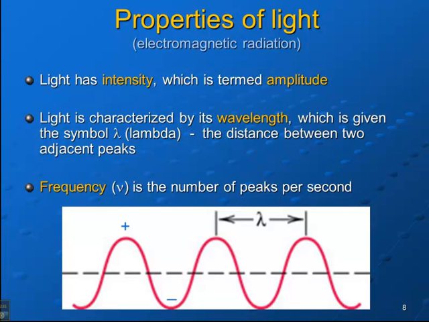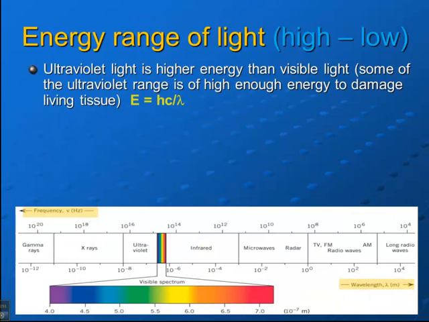If the wavelength is long and the speed of light is constant, then the frequency at which peaks go by me is going to slow down, because light travels at a constant velocity, and therefore the time for one peak to go by me and another peak to go by me is going to be related to the wavelength. We'll talk about that in a little more detail in a minute.